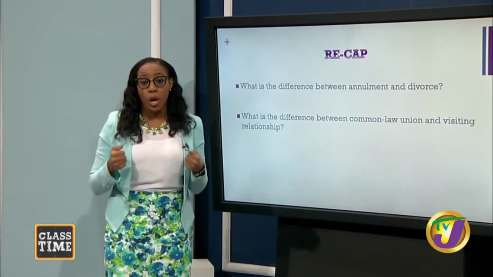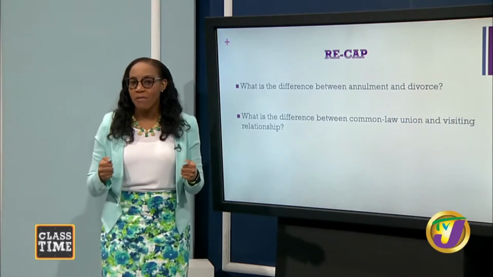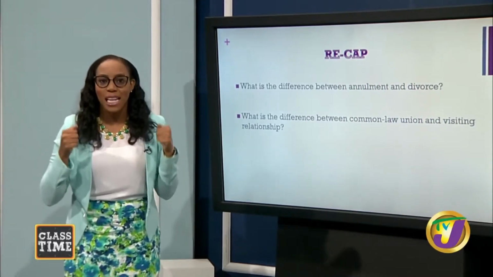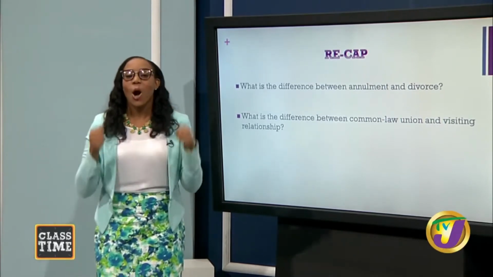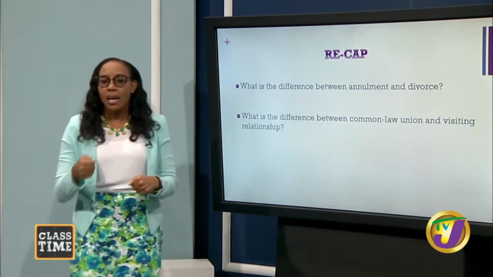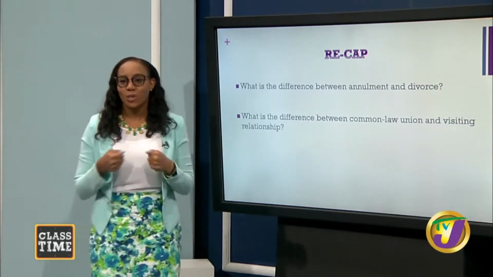The visiting one, however, we do not have them what? Living together, you are correct. They don't live together, however, they engage in sexual relationships, and this may lead to children.